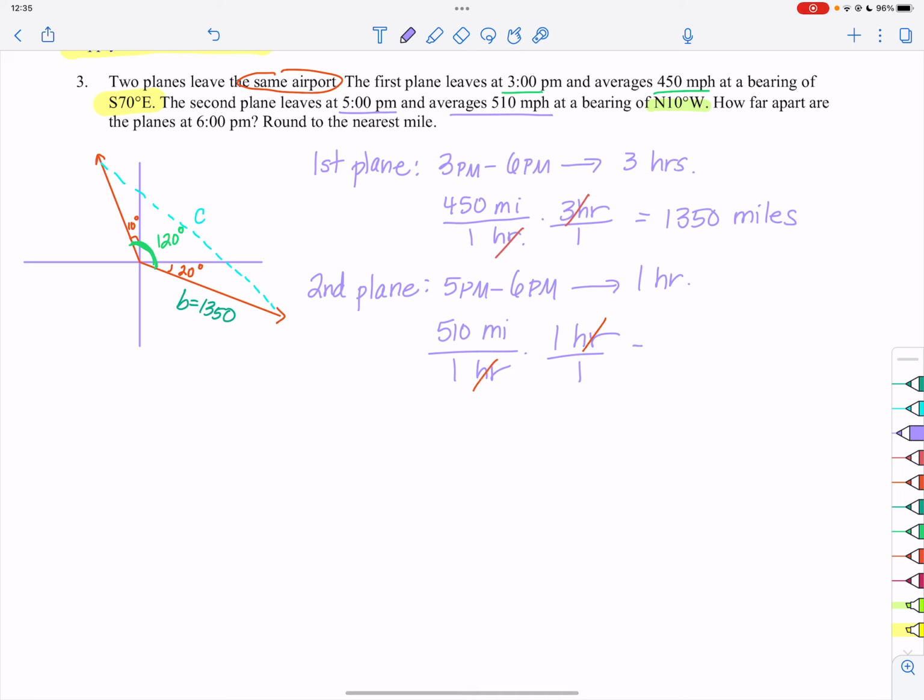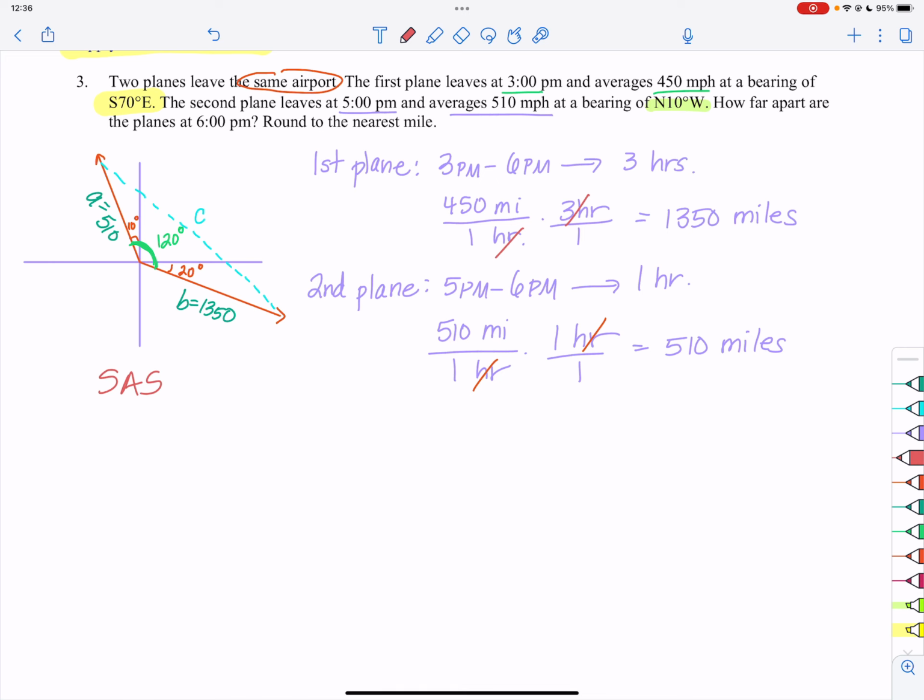And we have 510 miles. So now we have that A is equal to 510. So as you can see, we have side, angle, side.